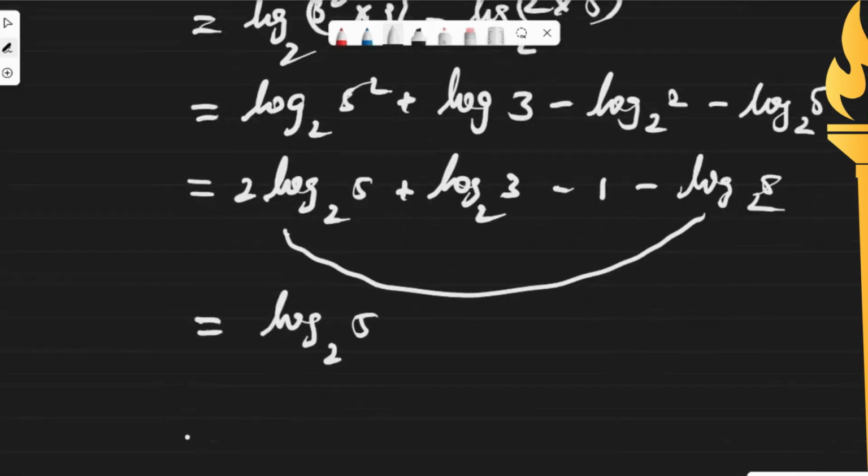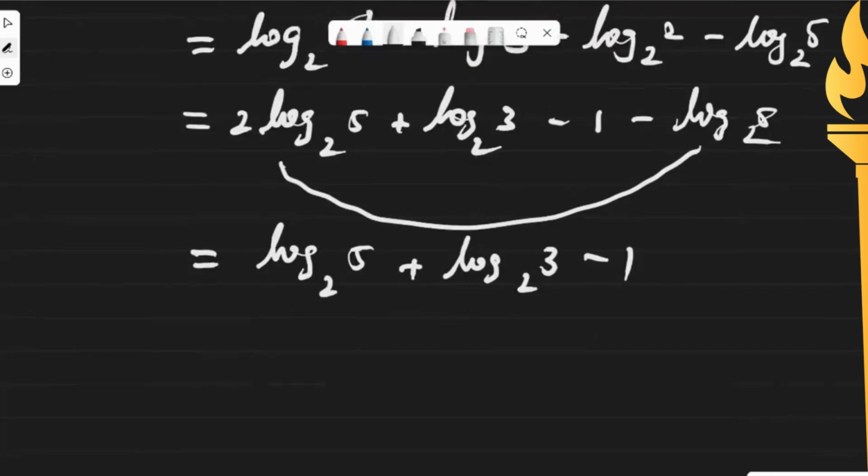So we get log 5 base 2 plus log 3 base 2 minus 1. So this will be equal to y plus x minus 1 or simply x plus y minus 1.